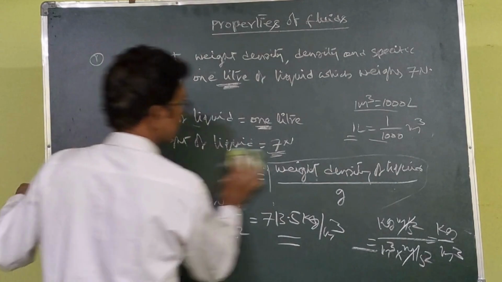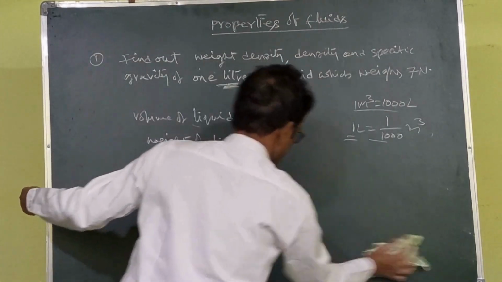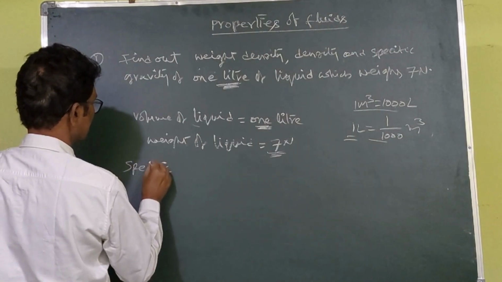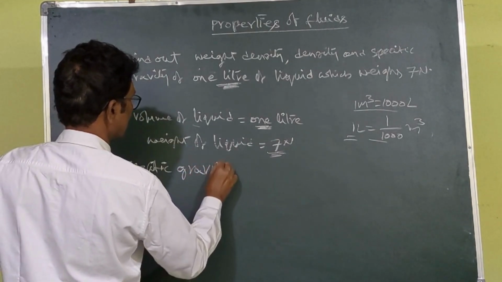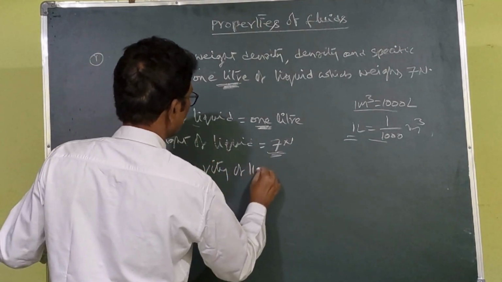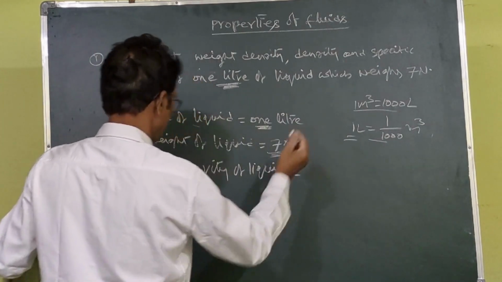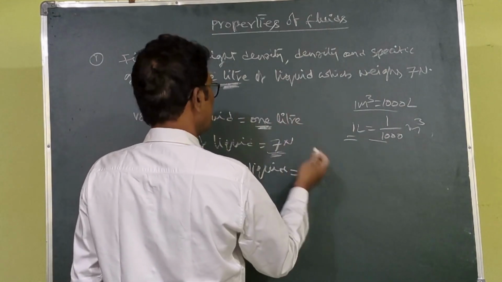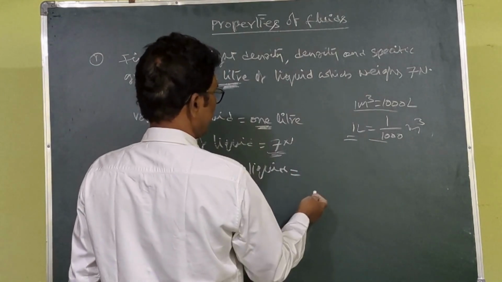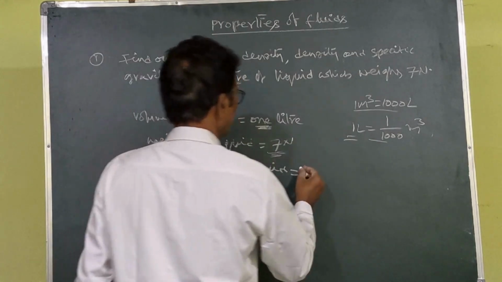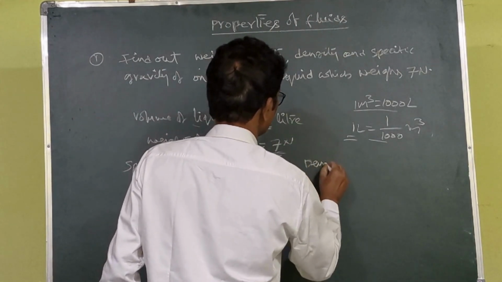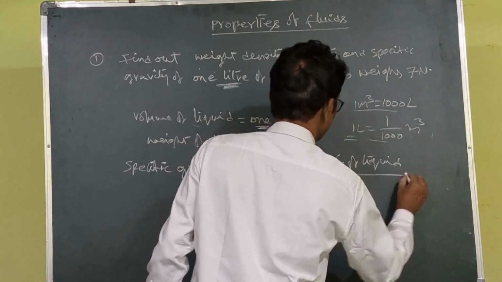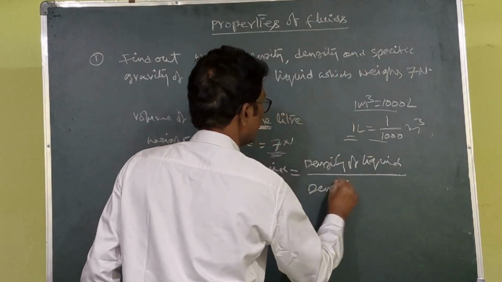Next, specific gravity of liquid equal to weight density of liquid divided by weight density of water, or density of liquid divided by density of water. You can write anything. I would like to write density of liquid divided by density of water.